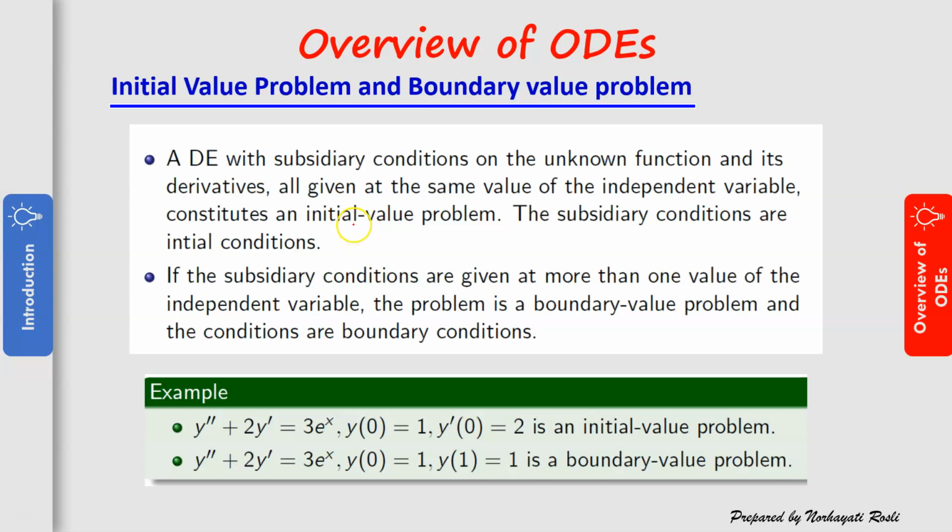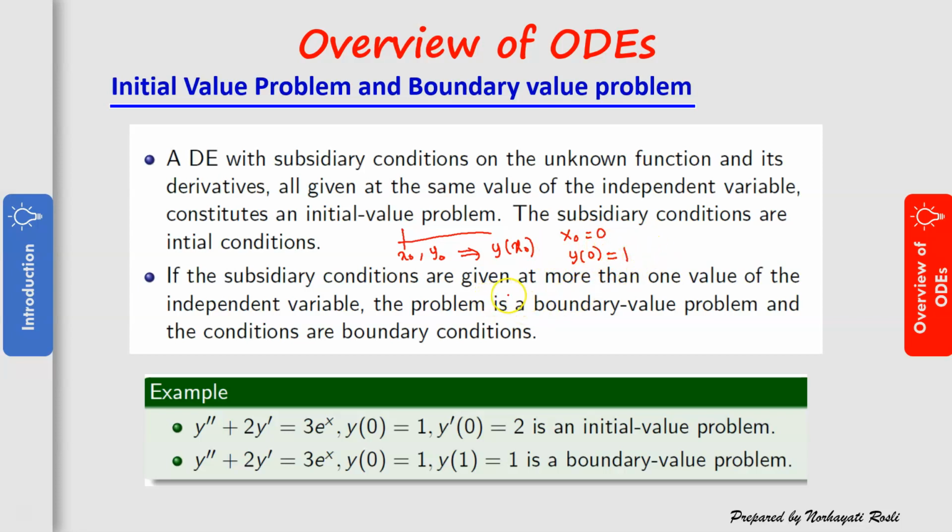Means that if you have a differential equation with an initial value, when we plot at x naught you have your y naught. For example, our x naught equals 0, so y at x equal to 0, let's say it is equal to 1. When this information is given at the initial point, we call it an initial value problem.